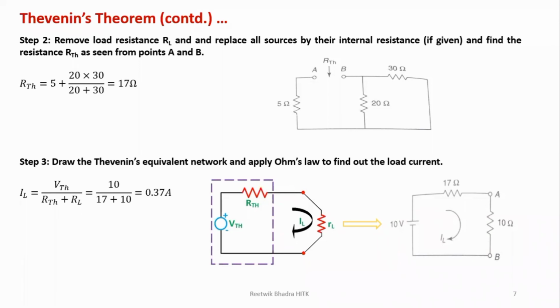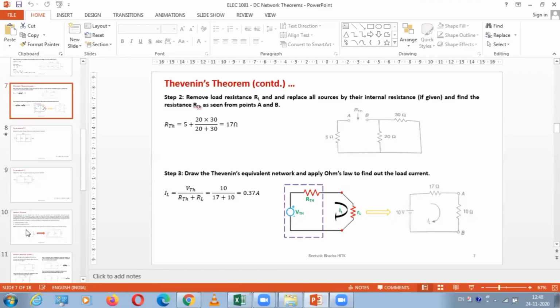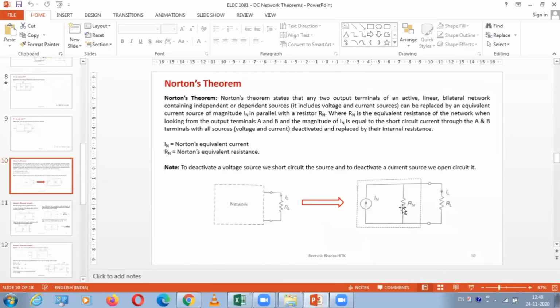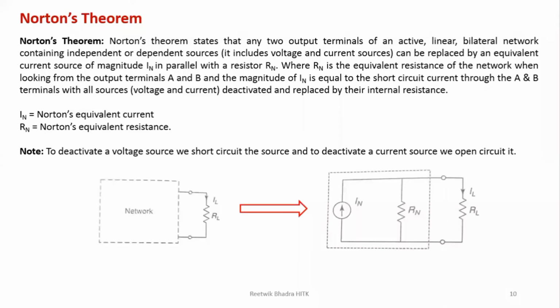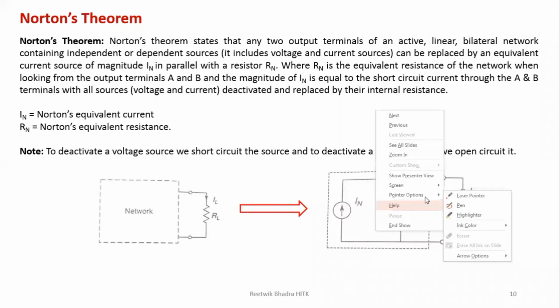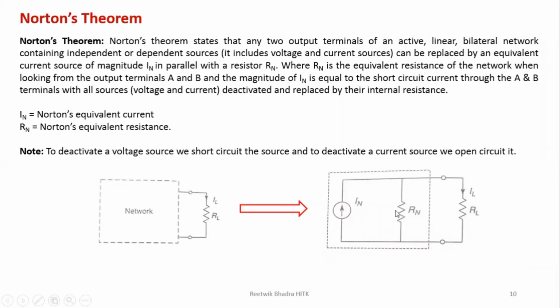So this VTH in series with RTH is nothing but your IN in parallel with the same resistance, because just now we have seen RN and RTH are same, so let it be R only. Now this current source comes in parallel with the resistance. Now what is the value of current source? This current source is basically V by R.